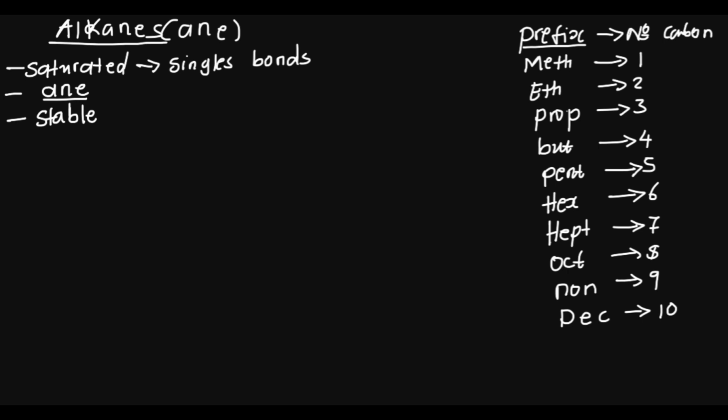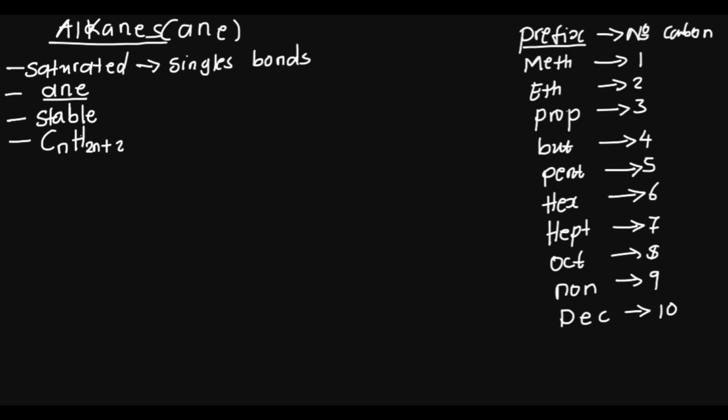The other thing that we can look at here is they obey the general formula CnH2n+2. So that is the formula which alkanes obey. Okay.